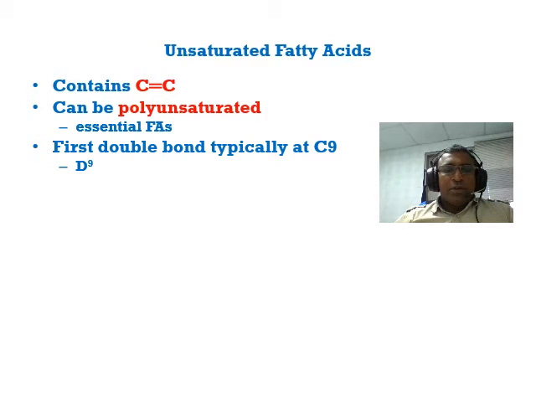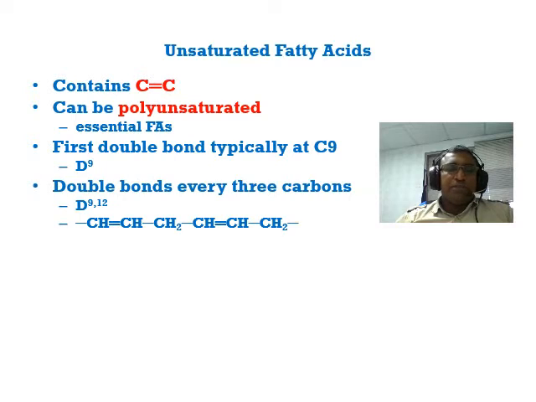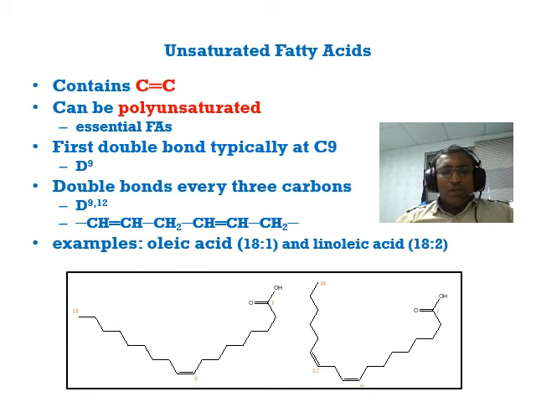So you have the first double bond at C9, and then it jumps to C12 and then C15. As shown here, it jumps in 3 carbons onwards. Given as an example in the diagram is a comparison between oleic acid and linoleic acid. Oleic acid has one double bond at location 9, while linoleic acid has two double bonds at locations 9 and 12.